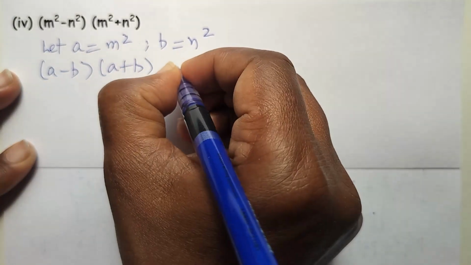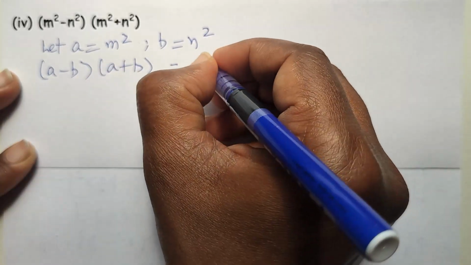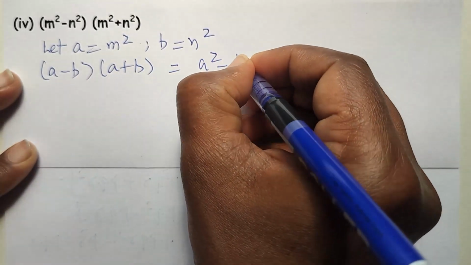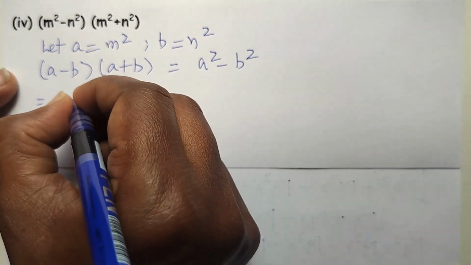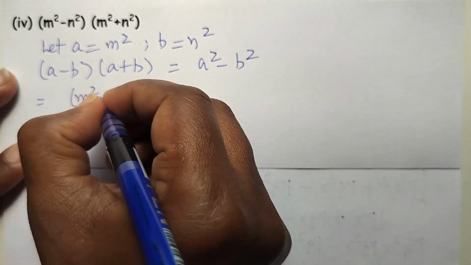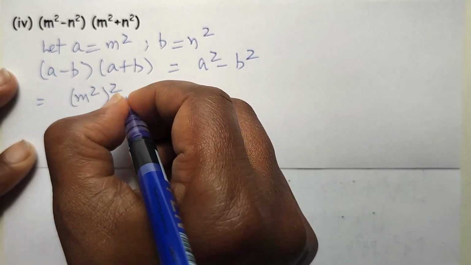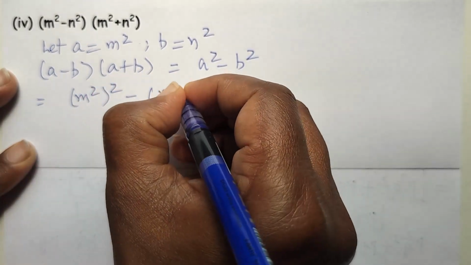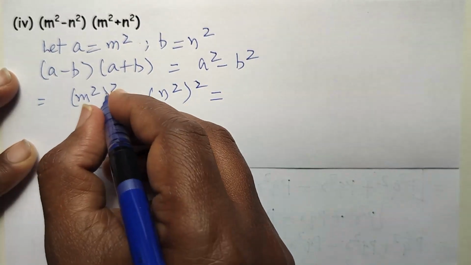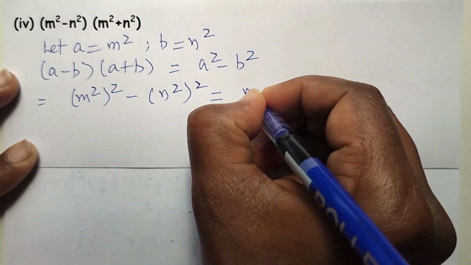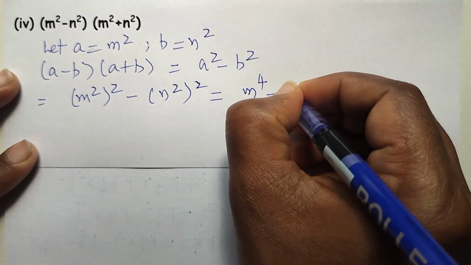So we know (a minus b) into (a plus b) is a square minus b square. So now substitute the values. So it will be (m square) whole square minus (n square) whole square here. So (m square) to the power of square will be m to the power of 4 minus n to the power of 4 here.